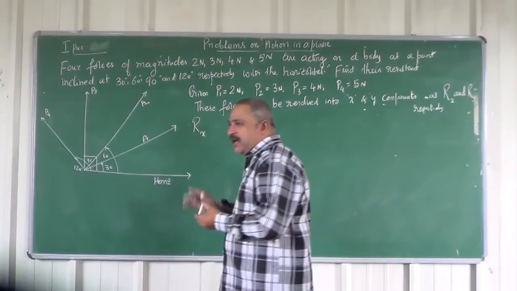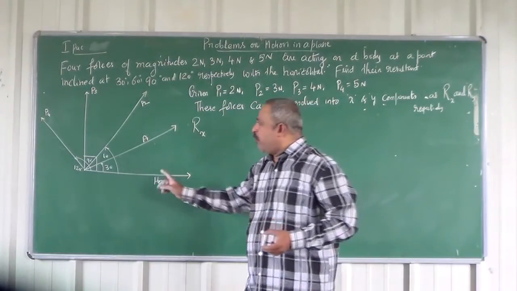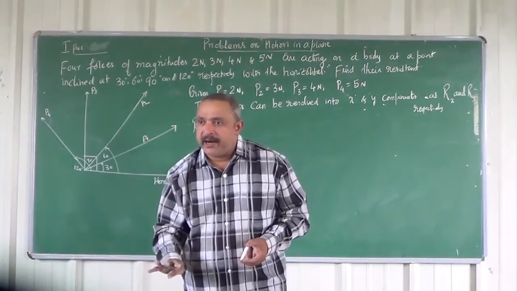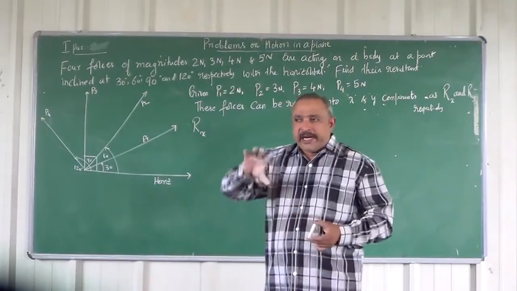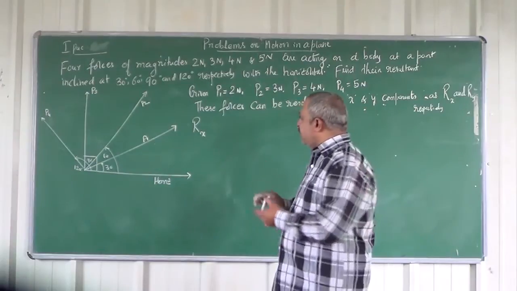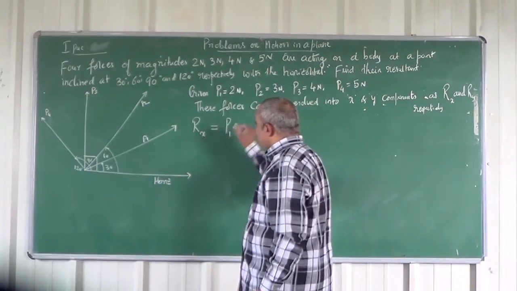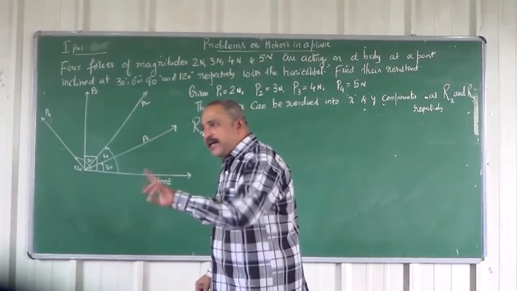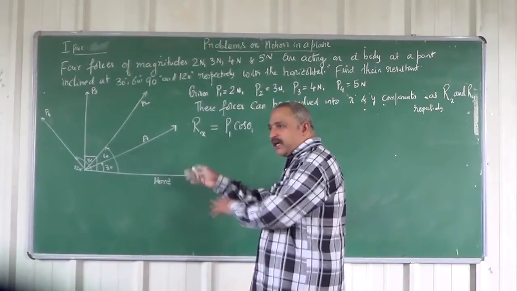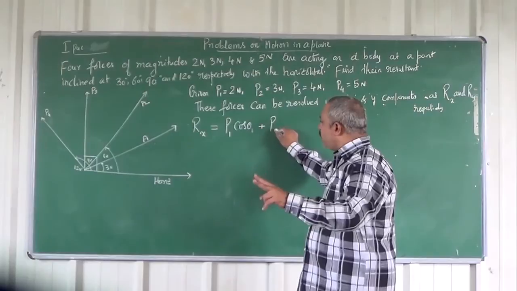Rx is the sum of all the x components. How many forces are there? 4 forces. So, how many x components should you have? 4. What is the x component denoted by? Cos theta. And Rx is equal to, what is the first force? P1, resolved as P1 cos theta 1, because theta 1 is the angle for the first force, plus what is the x component of the second force?